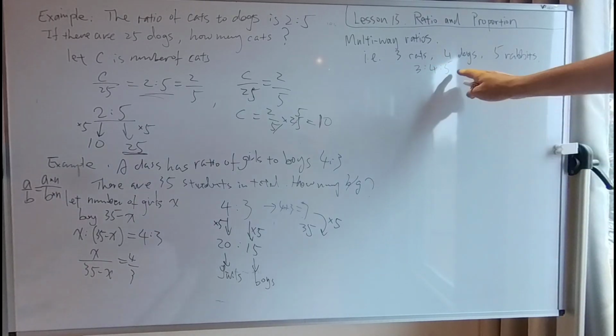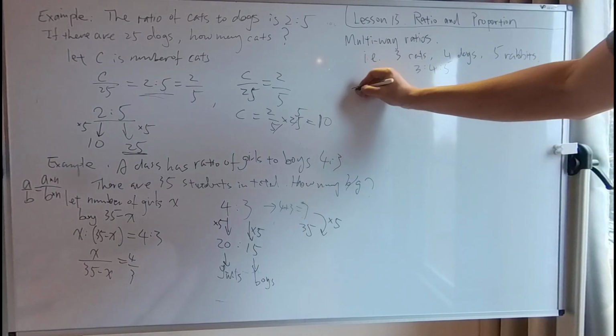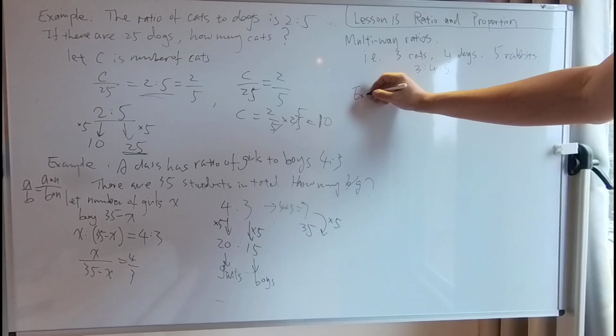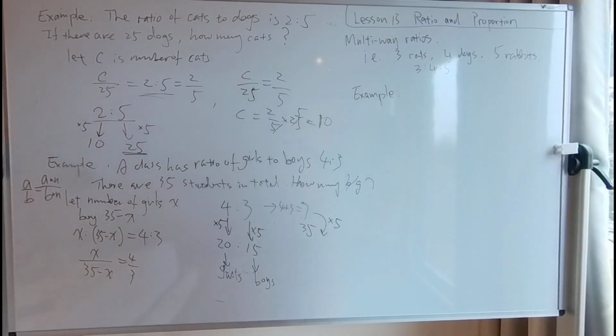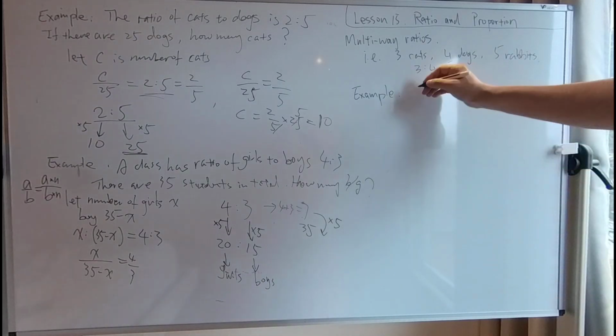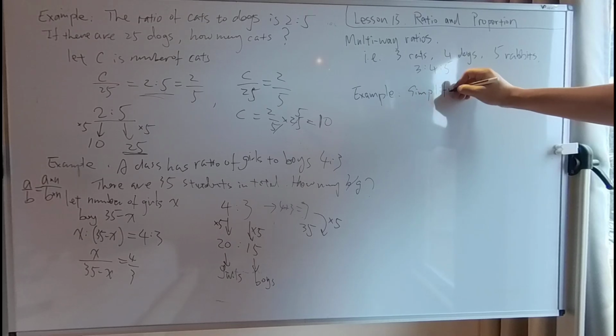And technically, you can have as many quantities as you want, as long as they follow the same way to be derived from the ratio. And for the multi-way ratio, you can still apply the simplifications that we just learned as long as they have common factors that can be canceled out.